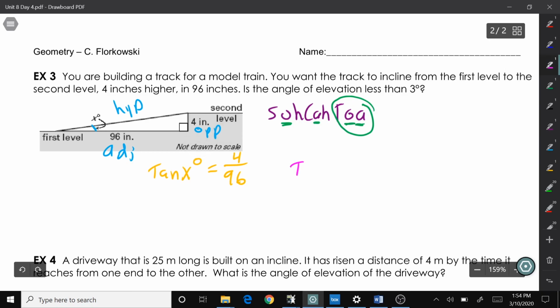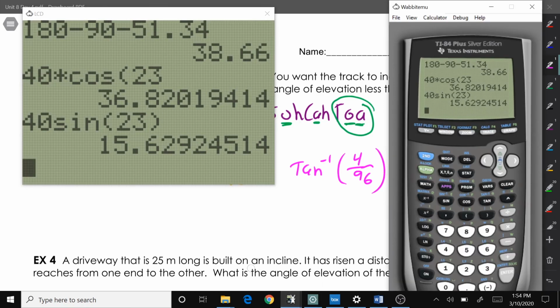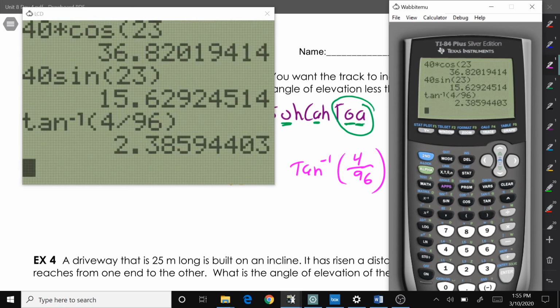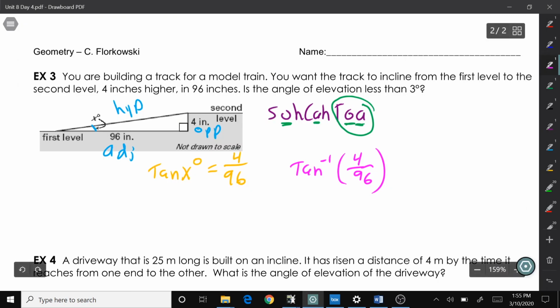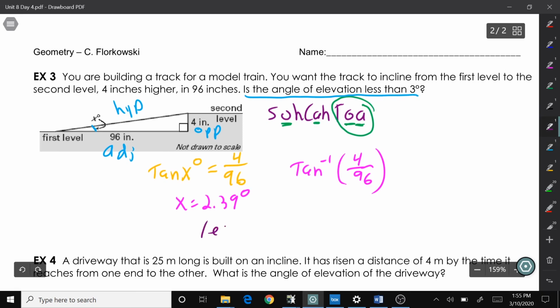So then I will do the inverse tangent of 4 over 96. And we get 2.39. So that's our angle, but remember the question is asking, is it less than 3 degrees? Yes, this is less than 3 degrees.